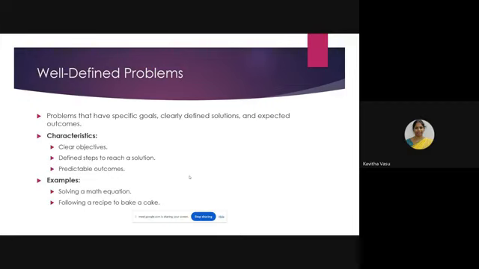If some values and equations are given, we can easily solve the problem. And for baking the cake, we already know the recipe, the step-by-step process. Likewise, we have to cook. So this is called a well-defined problem.